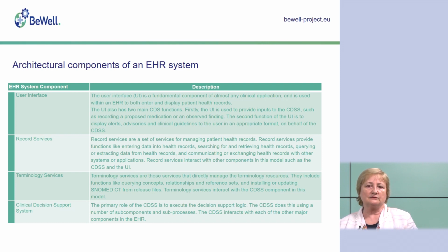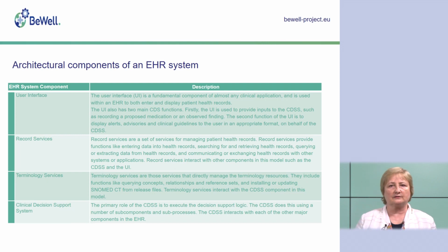What about the clinical decision support system? The primary role of this clinical decision support system is to execute the decision support logic. It does this using a number of subcomponents and subprocesses. The CDSS interacts with each of the other major components of the electronic health record.